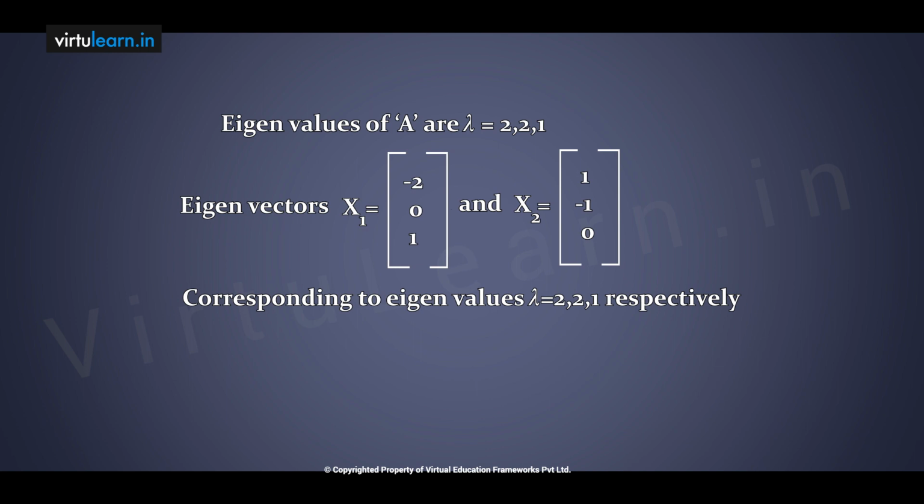For this problem I am getting only 1 eigenvector for lambda equal to 2, 2. Means 3 eigenvalues are present but we are getting only 2 eigenvectors. This is a different case.